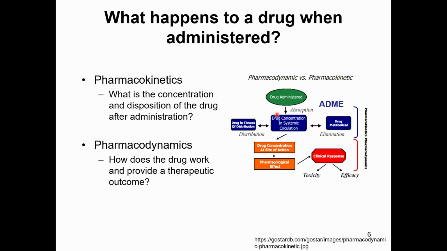Pharmacodynamics, in contrast, has much more to do with how the drug actually works at a molecular level, or at a cellular level, or a physiological level. So for instance, we would be interested in what is the drug concentration at the site of action. Many drugs are just systemic. If you take an aspirin, the aspirin goes to all parts of your body.